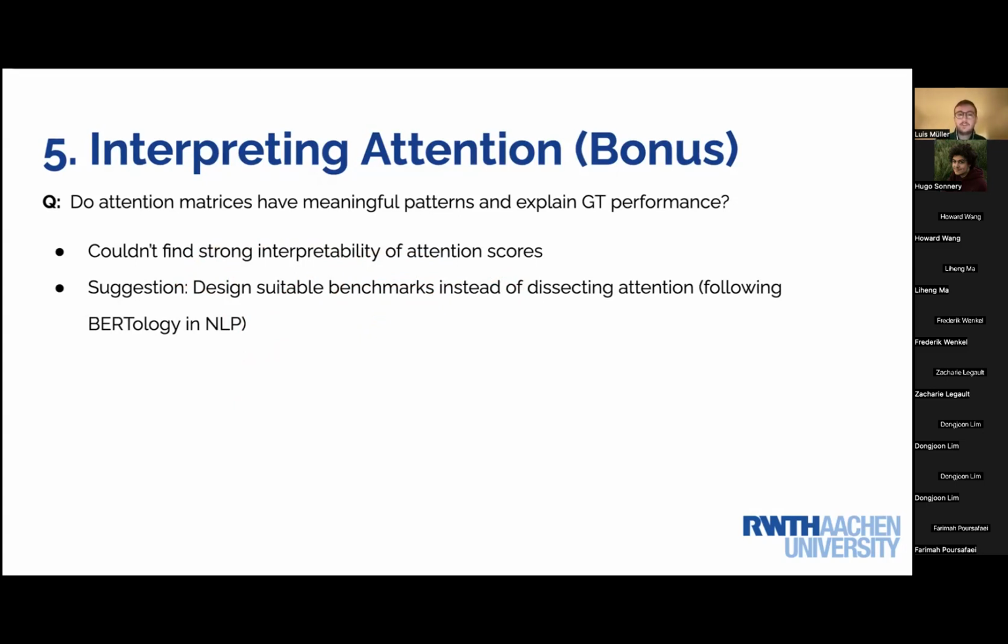And so we suggest to follow this direction also for graph transformers. I say bonus because this is not really a main result. This is just more kind of an opinion, but also we think very important to keep an eye on how interpretable GTs are and how we can understand their inner workings and why they perform so much better than GNNs.